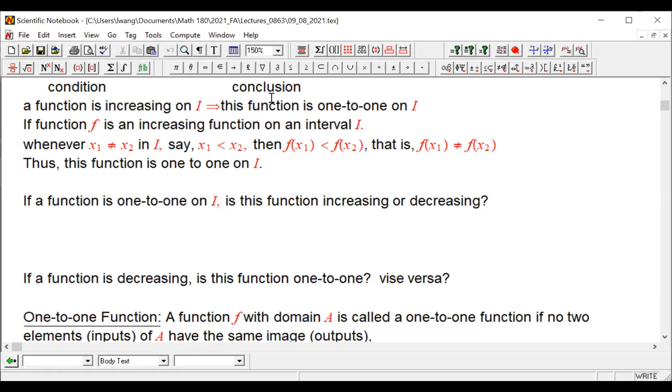Now I reverse the conclusion and the condition. So now the conclusion becomes the condition. Will the reversal be true?